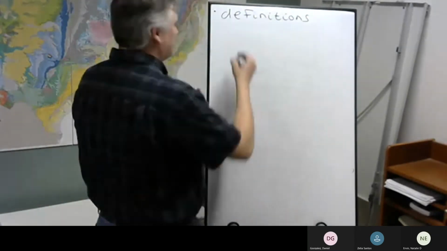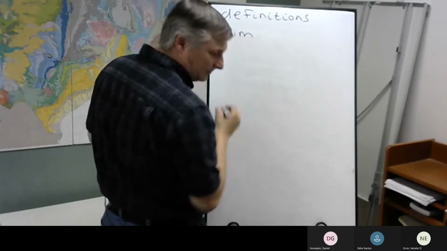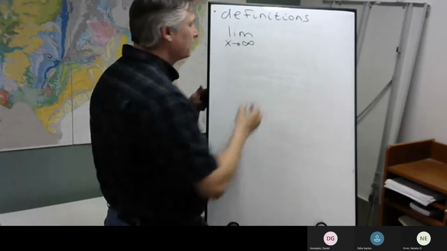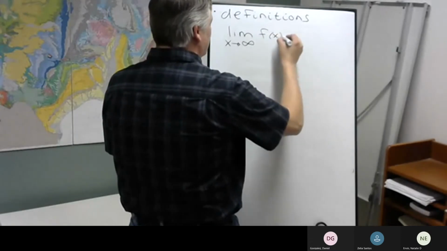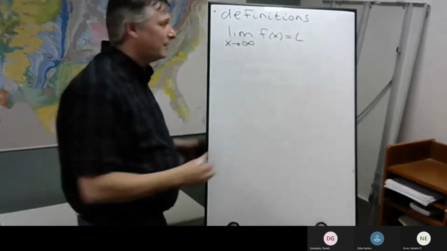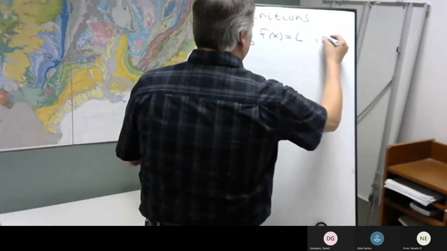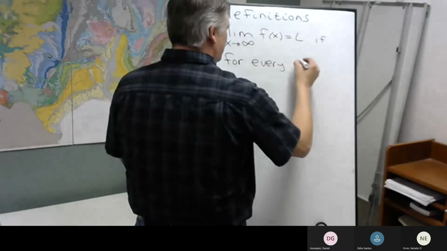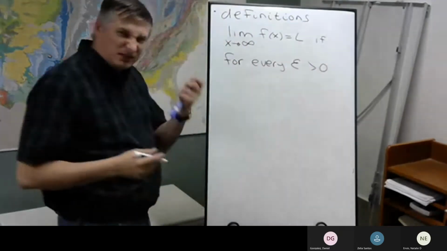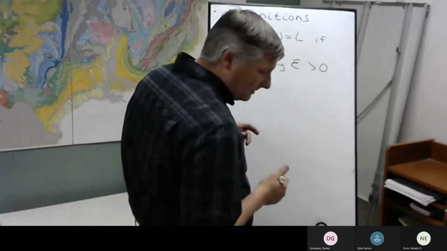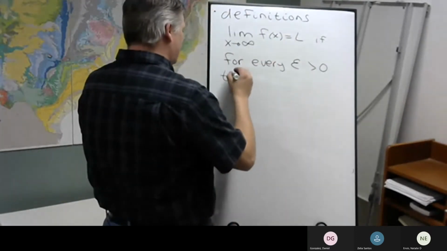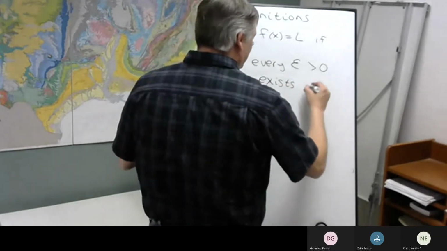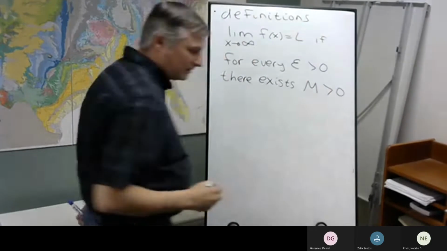So the limit as x goes to positive infinity of f of x is equal to L if for every epsilon, that arbitrary, little tiny number that's just bigger than 0, there exists, it's not going to be delta, it's going to be m.